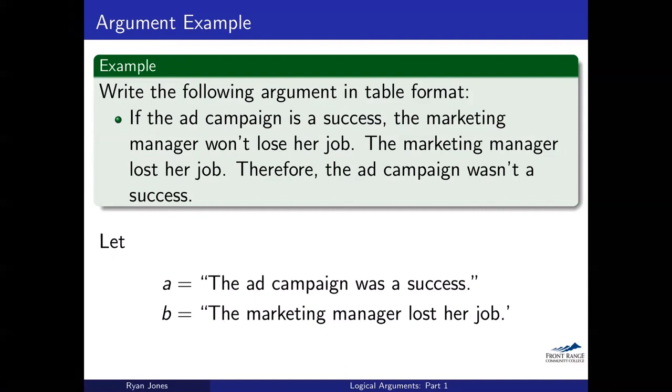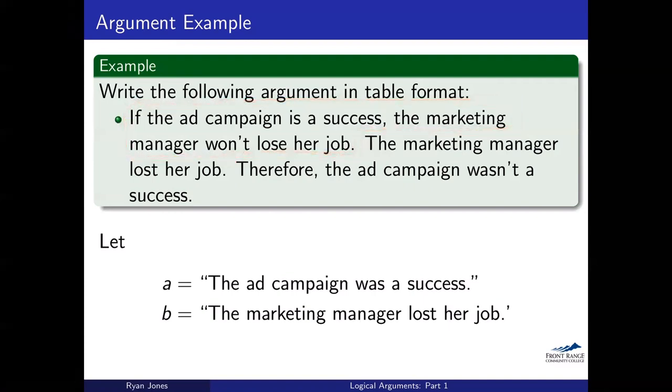So I can take the first and the second and the third sentence of this whole argument, and I can basically just use A and B, and I can form compound statements with them. And so what I'm seeing here is this first sentence here, that to me looks like an if-then statement. And in fact, it looks like if A, then not B, right?